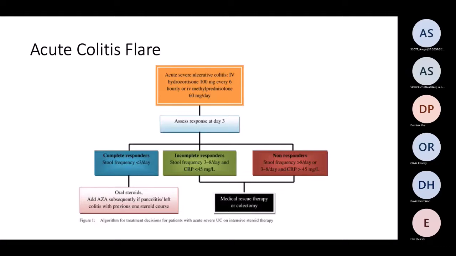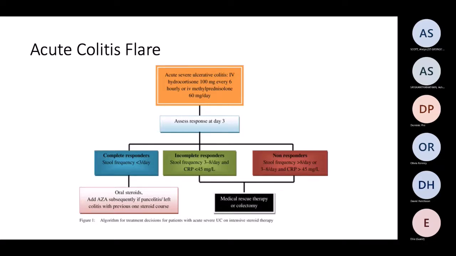And if they don't work, we would look into doing a colectomy. And I was saying it would be a subtotal, just because it takes a lot of time under anaesthesia to remove the rectum. And if a person's acutely unwell, you just want to remove the majority of their colon that's causing their symptoms.